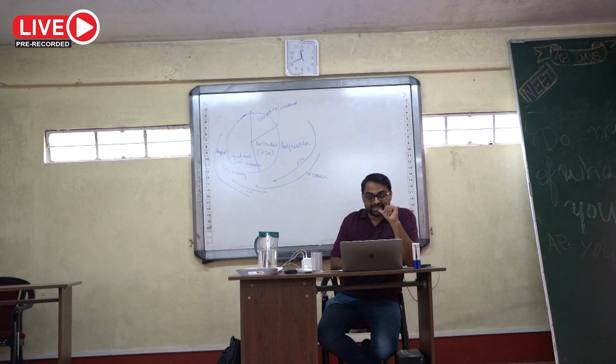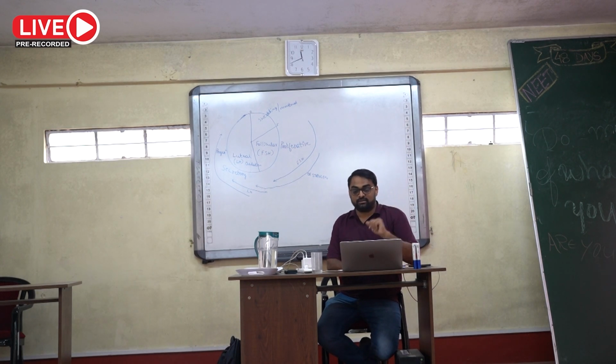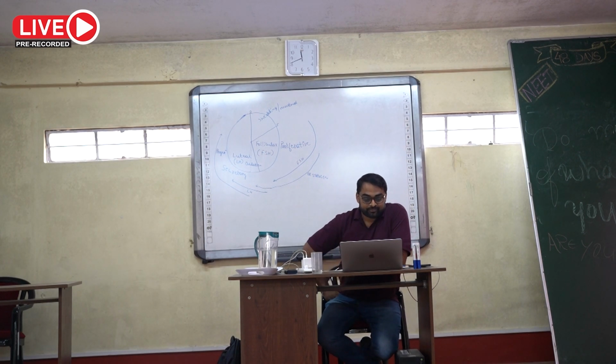Just as Xenopsylla is to Yersinia pestis, so is... if 2 is to 3, so is 4 to 6. These are questions in primary school mathematics when you learn ratio and proportion.